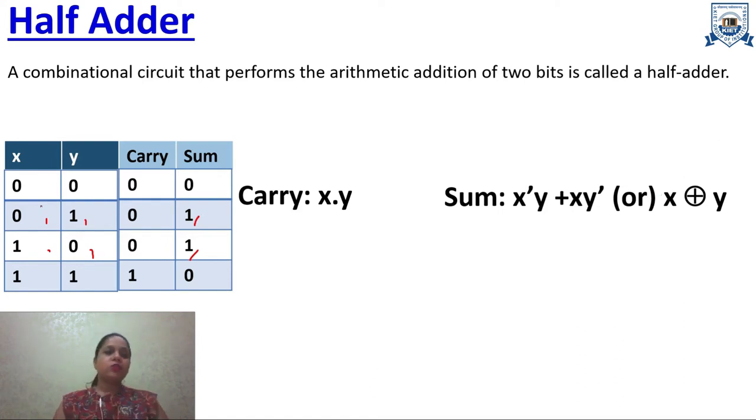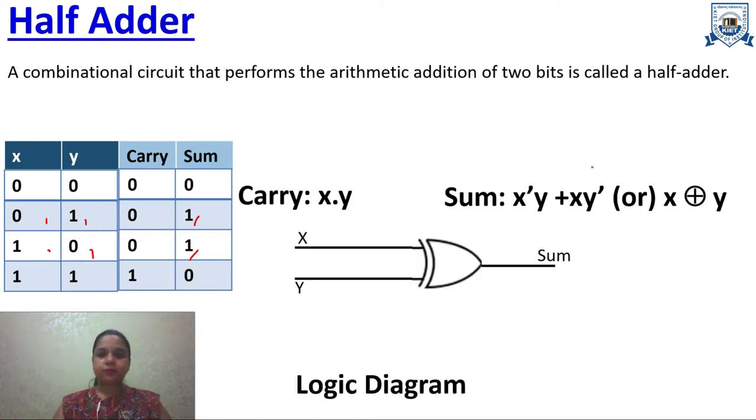Now from this truth table we have the Boolean expressions. With the help of these Boolean expressions we can design the logic diagram for this half adder. So next step is to draw the logic diagram. So let's draw this. For this sum, the logic diagram will be, here we are writing sum, x and y are the inputs and the XOR symbol is drawn here.